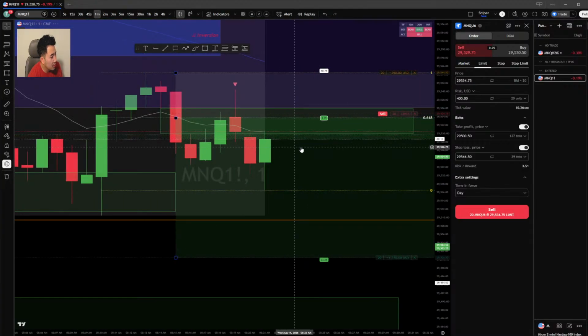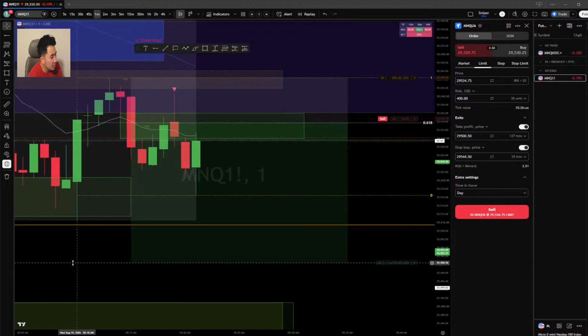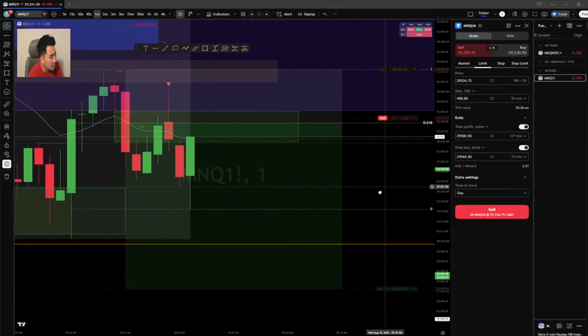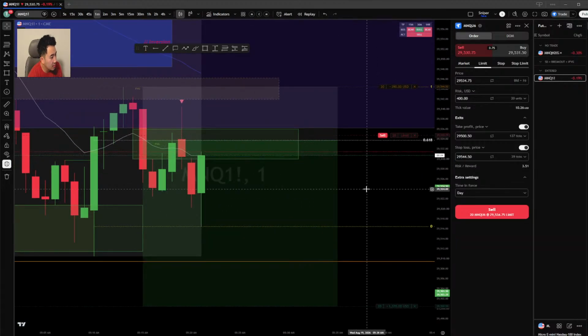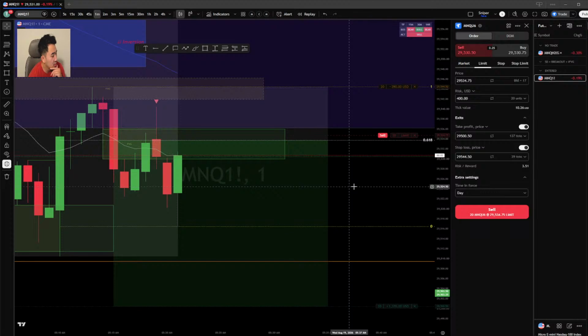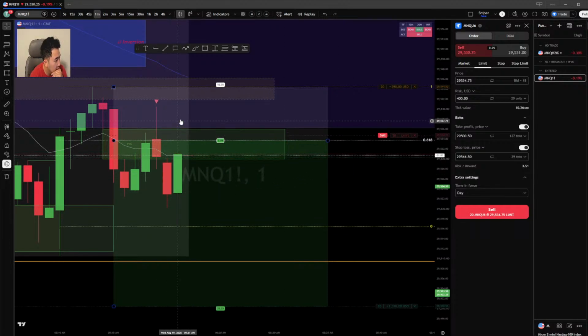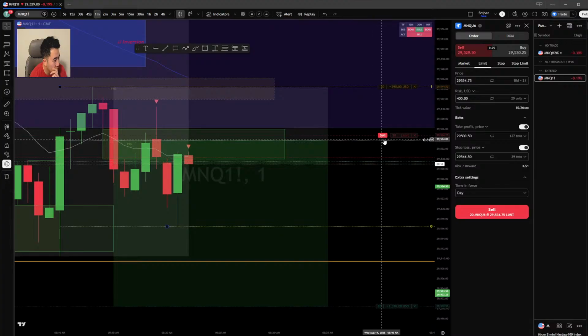Alright, I want the 1 minute candle to hold right at the fib, 0.618 fib, or at least hold it, and then another 1 minute candle to break the next one and pull back for an entry.